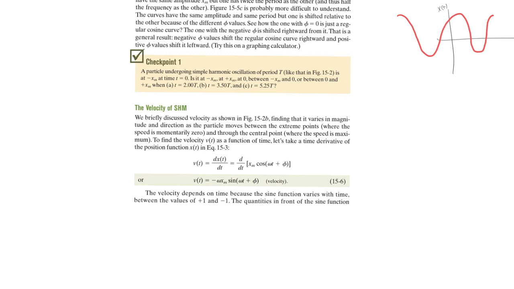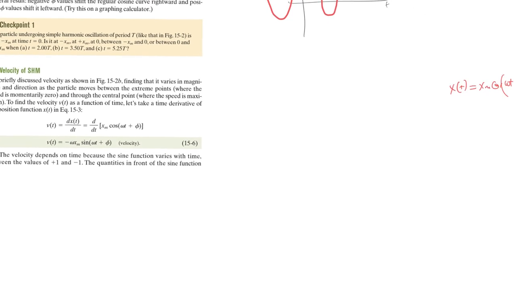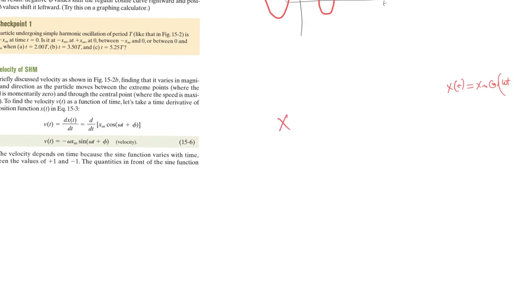Okay, so we finish the position or the displacement of the simple harmonic motion, which in general is given by x equal to xm cosine of omega t plus phi. And here this is a function of t. Now if we want to calculate the velocity of the simple harmonic motion, how will we calculate it?